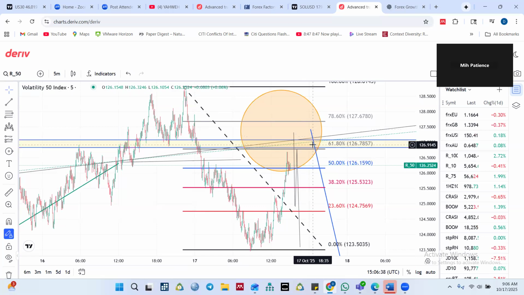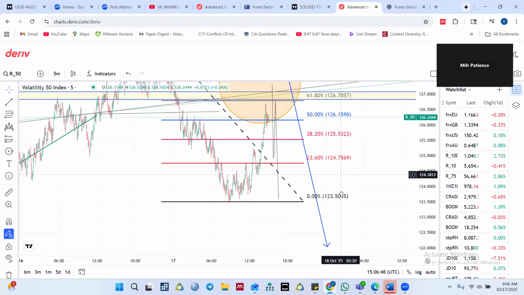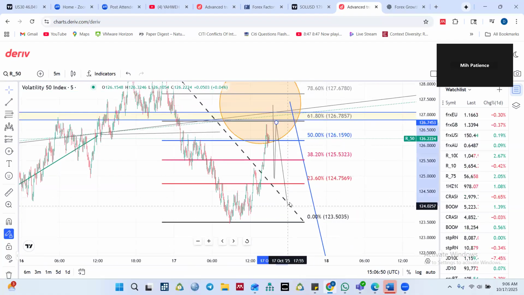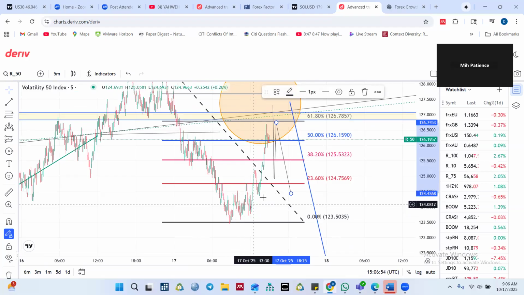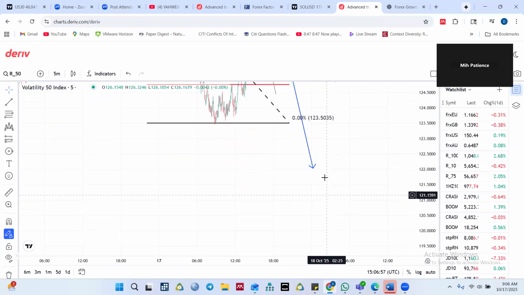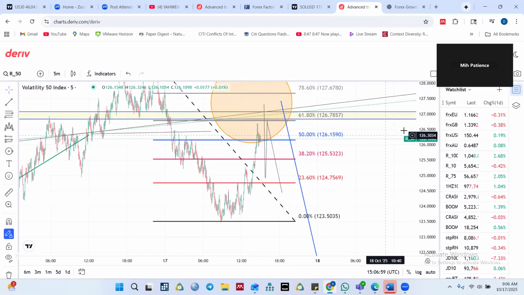Then we must see a bearish break of structure on 15 minutes or 5 minutes in order to take a sell. When we take the sell, we can target anything 1:2 or probably the lows here, or probably target something more.